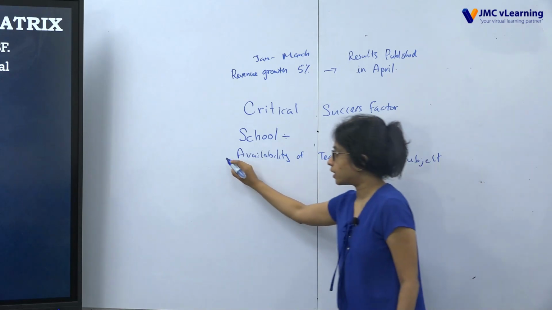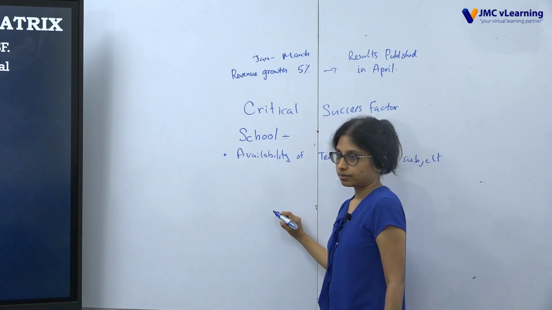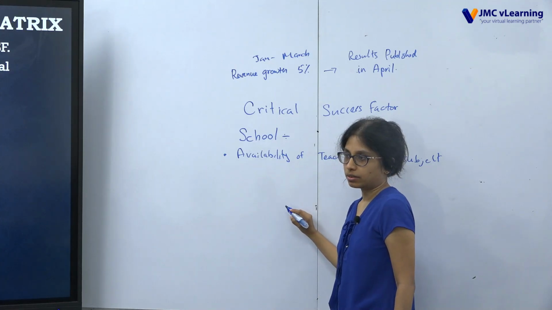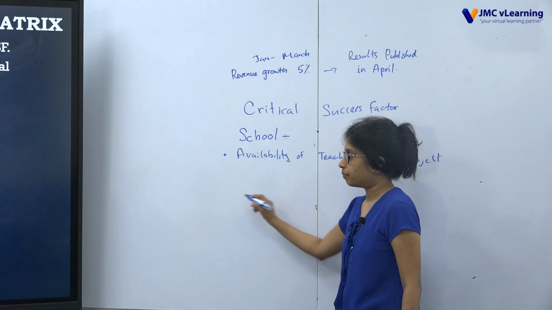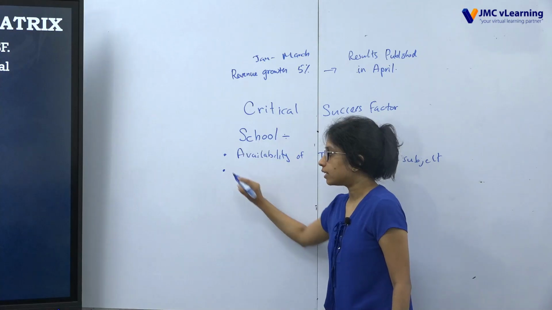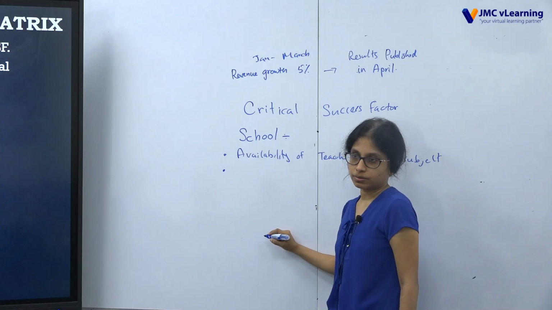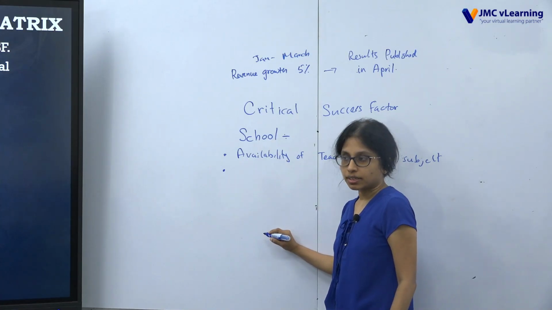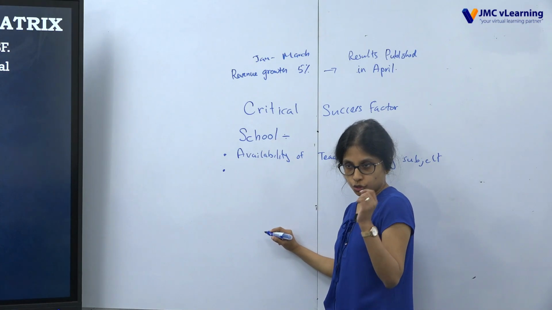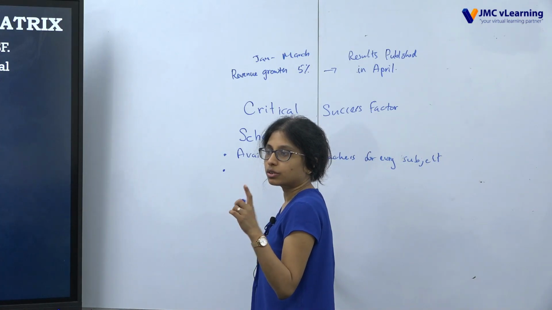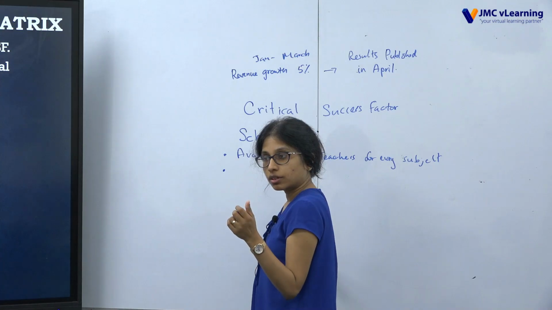First you establish that. There will be 5 or 6. This can be the main thing. So along this line, how do you design a KPI? You give them something measurable. Let's say currently this school has teachers for 30% of its subjects.